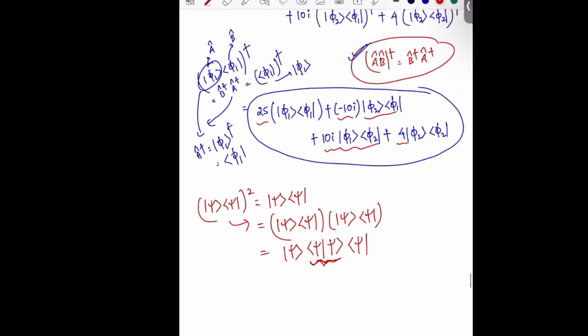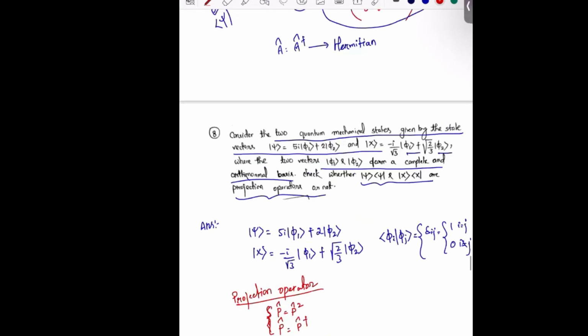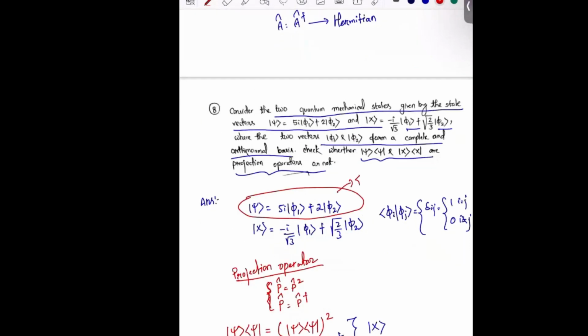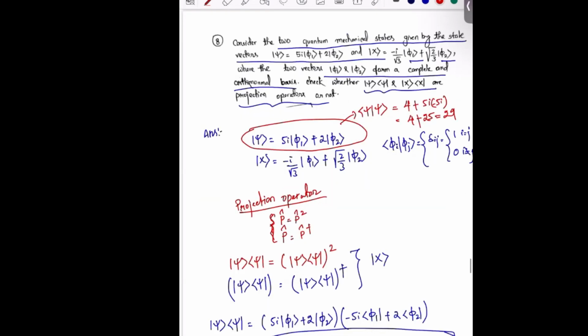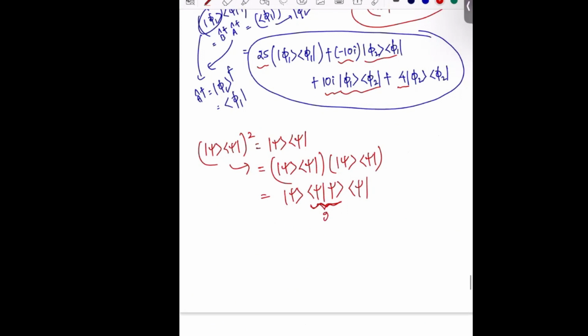So psi is given to you, this is the value of psi. Now if you want to find out psi with psi, what will you get? 4 plus 5i into minus 5i, so this is nothing but 4 minus 25 plus 25. So this is 29. So just put the value, it is 29, so this is 29 psi.